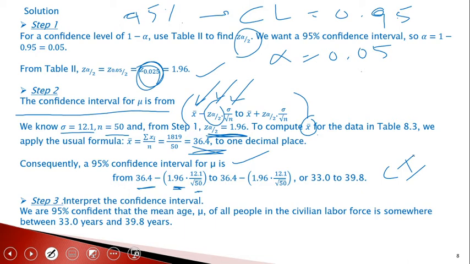Now step number 3: you should interpret this. You should say, these are my results. We are 95% confident that the mean age mu, that's what we are talking about, of all people in the civilian labor force is somewhere between these two values, 33 years and 39.8 years.